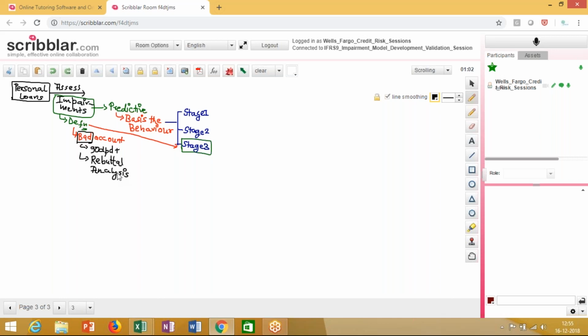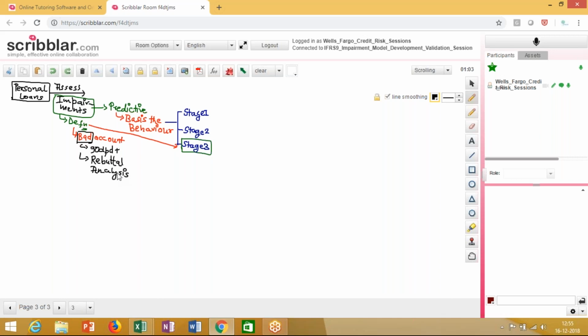However, IFRS 9 is often working with provisions. Now, the provision is absolutely dependent on the business characteristics.